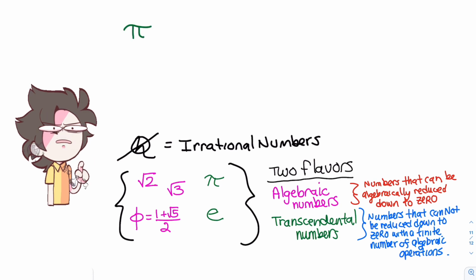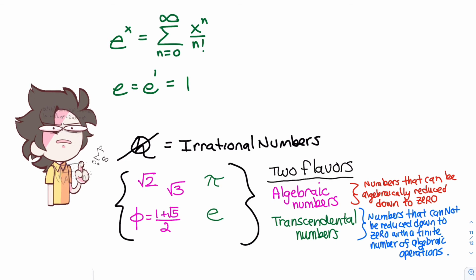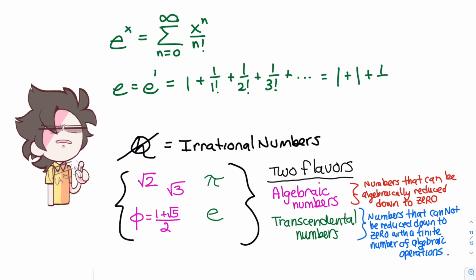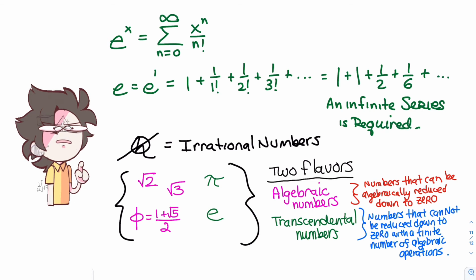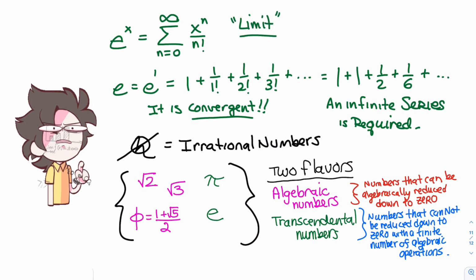These numbers are algebraic. Pi, however, we need expressions to represent pi and to estimate pi, as well as e. So here's e. This one is a little bit more well known amongst the mathematics community in terms of expressions. So here we have an infinite series that can be used to tell us the value of e to a certain degree of accuracy. But we could never write down the entire number. It's an infinite series that is convergent, but convergent to a transcendental number.